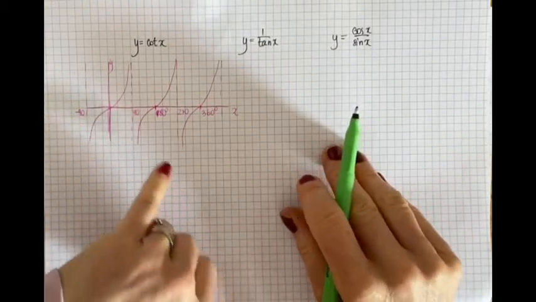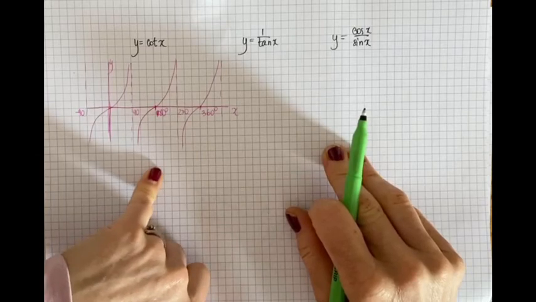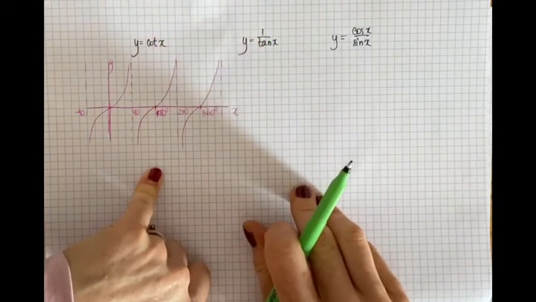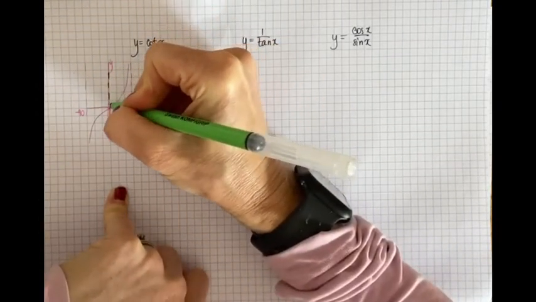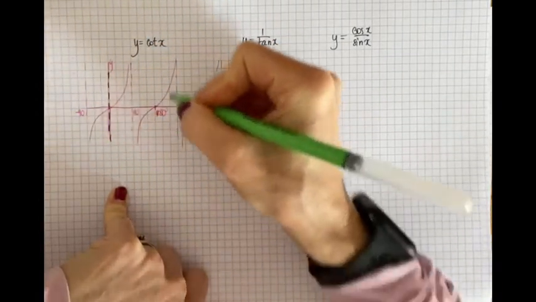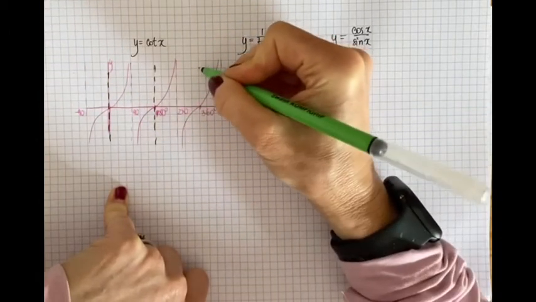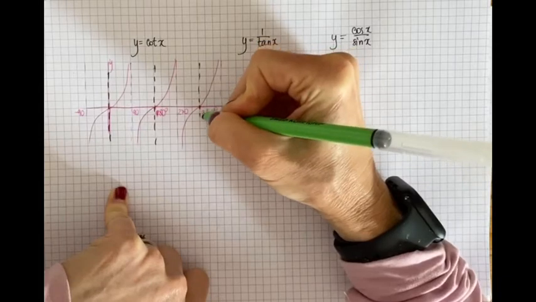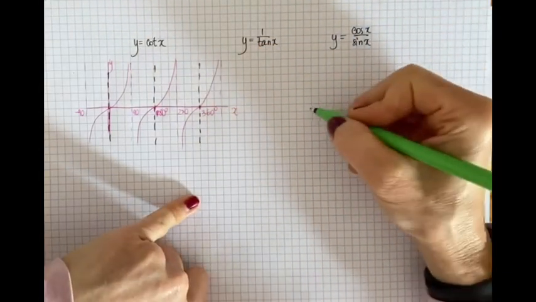Okay, so this idea of looking at where the graph crosses the x-axis being the asymptote of your reciprocal of a tan graph gives us x equals 0, x equals 180 and minus 180, and 360 and minus 360. So these are the asymptotes.